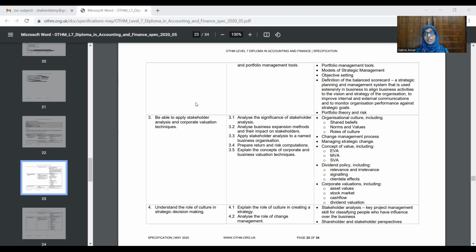Return and risk need to be computed, and the concept of corporate valuation is managed. So this particular learning outcome is more towards business valuation actually. When a business expands, how do you value it?